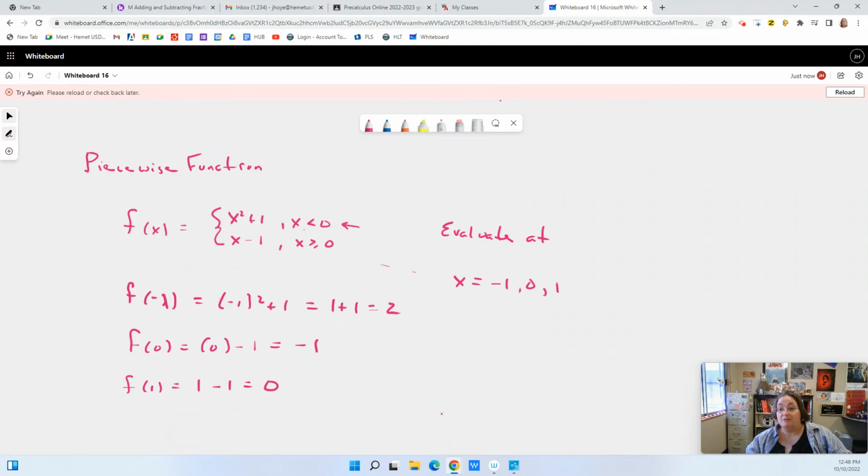It's not super difficult, but a lot of times people see multiple equations and don't know what to do. All it's telling you is, based on whatever number we give you, which equation am I going to use to solve it? Does that make some sense? Yeah, it's not terribly difficult.